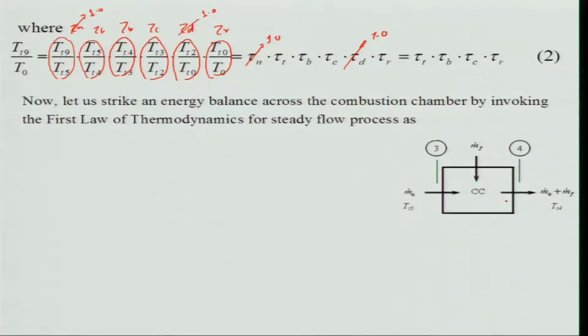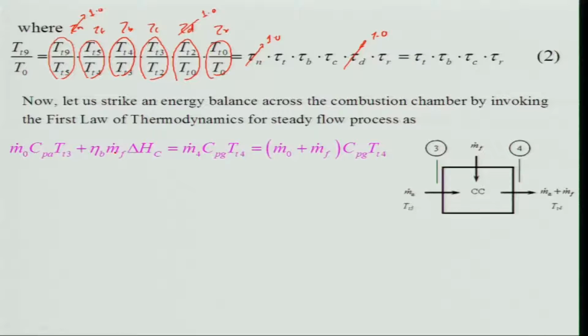So it cannot really be steady, but you can assume it to be quasi steady. Now the combustion chamber has station numbers 3 and 4 at the inlet and exit respectively. Air enters, you add heat, fuel is burnt, and you get products. So m naught C P A T T 3 is the enthalpy entering, and m dot f delta S C is the heat released due to combustion.